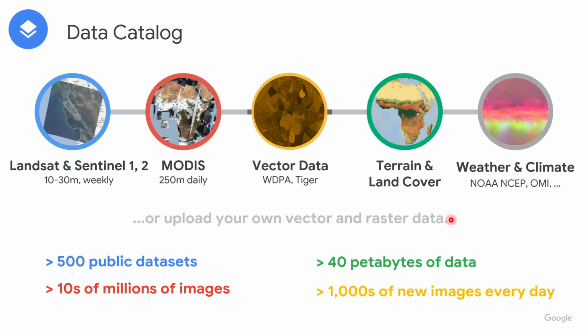Earth Engine has not all, but a very general catalog already uploaded in their cloud. So you're looking at Landsat and Sentinel images, MODIS, vector data, land cover data, climate data, and more are being uploaded every month. So you don't need to download and process this.